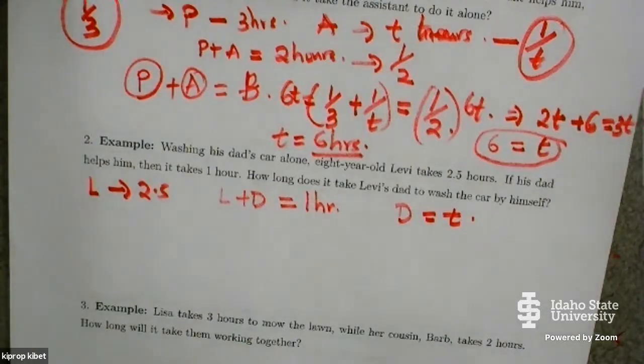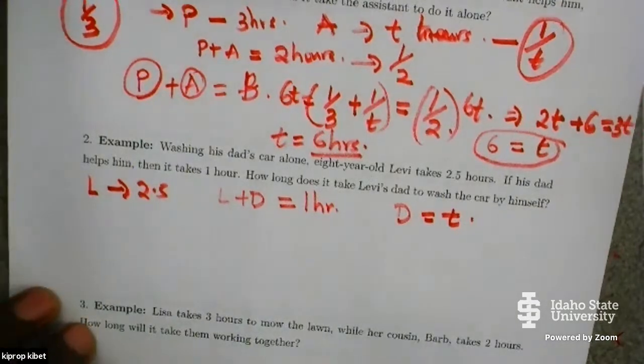So in 1 hour, Levi will have done 1 over 2.5, right? Both of them in 1 hour will have done 1 over 1, which is 1 of the job. And the dad in 1 hour will have done 1 over t. So what is this t? Dad's time.